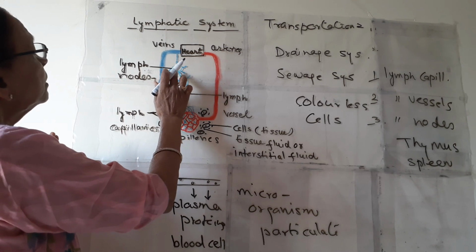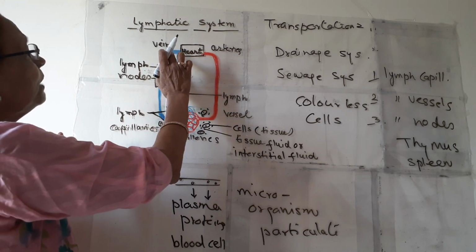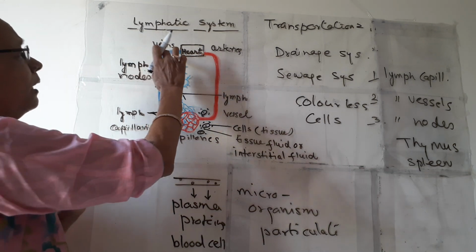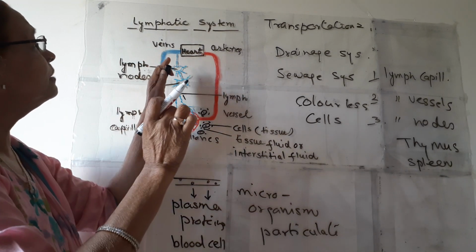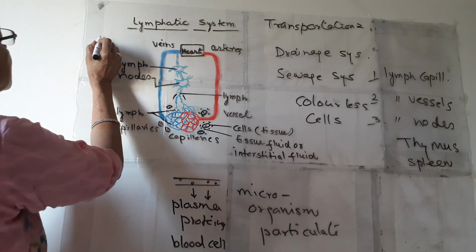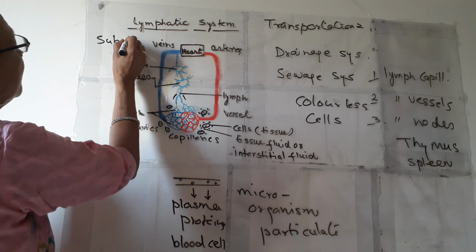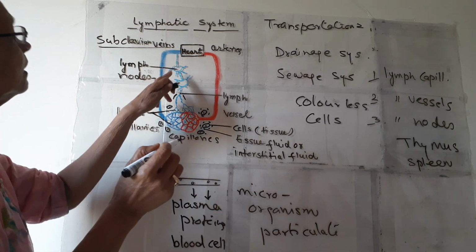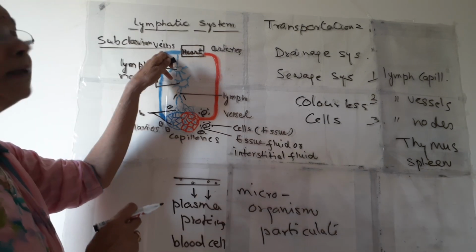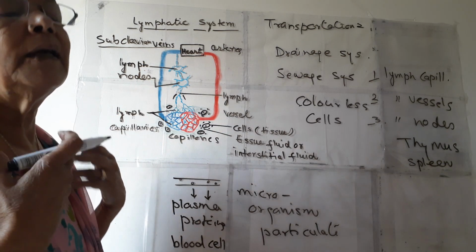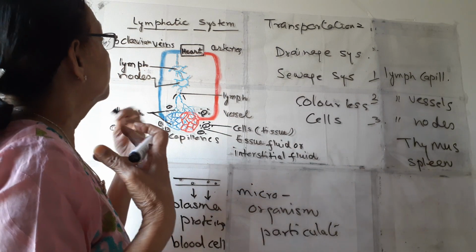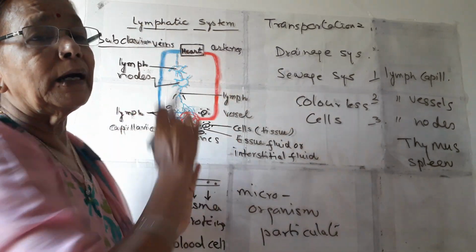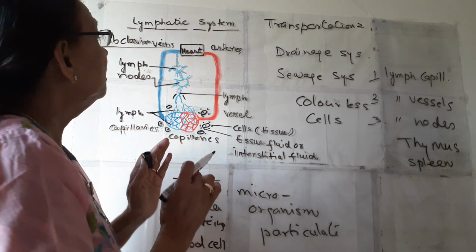From the lymph nodes and lymph vessels, ultimately these lymph vessels open into the blood veins. These veins are known as subclavian veins. These lymph vessels open in the subclavian veins, which are present at the site of the collarbones, and all the lymph is now poured into the subclavian veins.